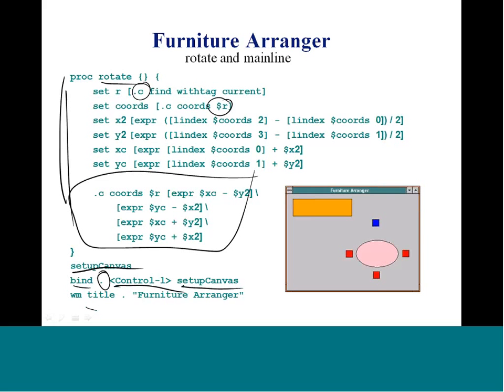And then we basically put the title as the furniture arranger, which is right here. So it's a fairly simple program. I think you should be able to just go through it and understand this.